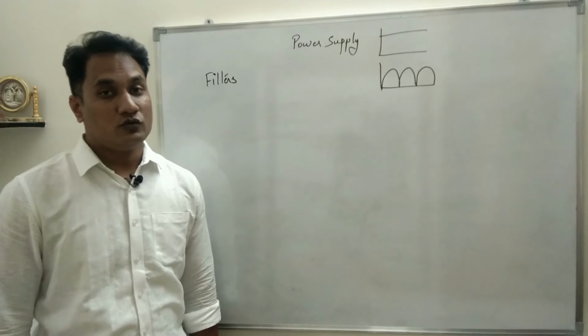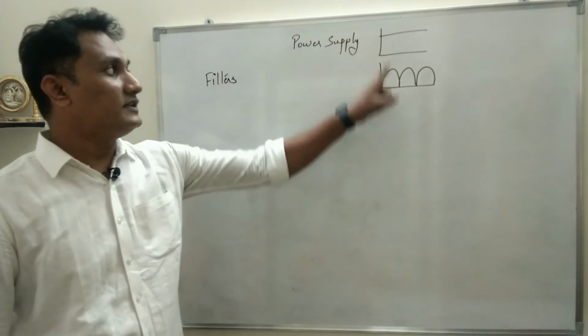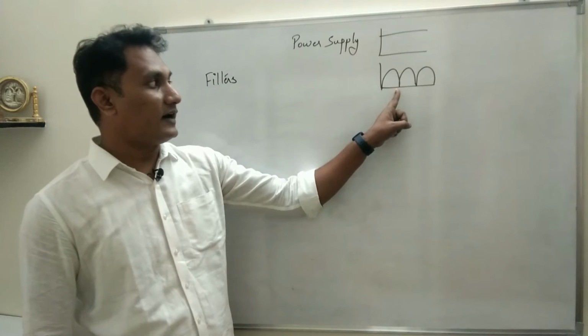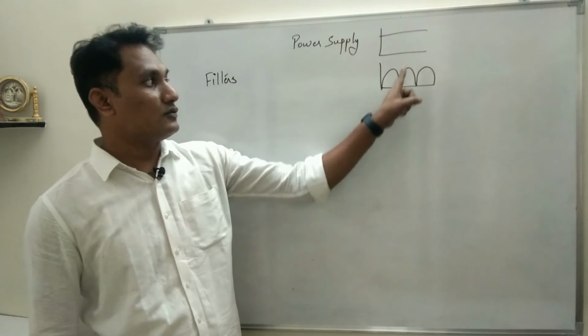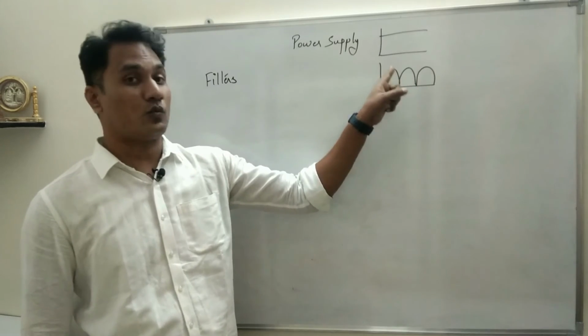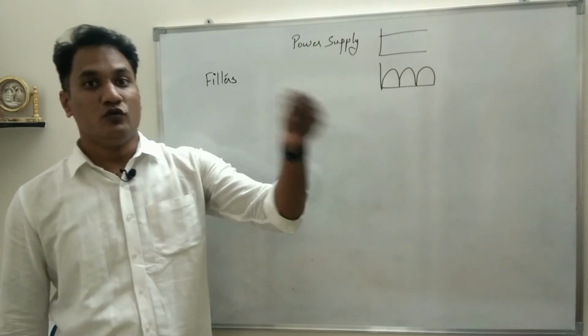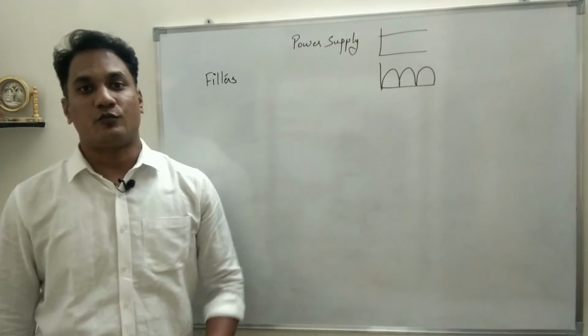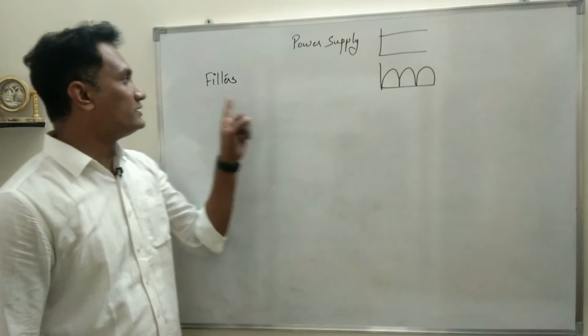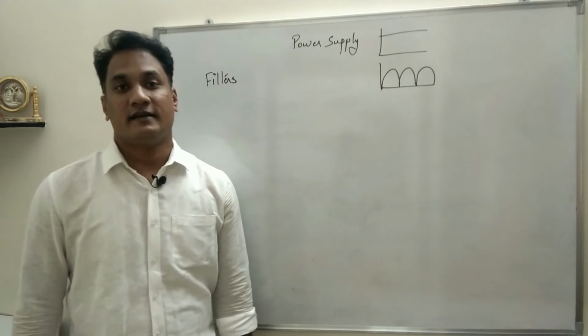So of course, what we need is a straight line. So the output of the rectifier is not a straight line, it is a fluctuating DC. So AC component is mixed in the DC component. So what we have to do is we have to remove this AC component so that output gives almost a pure DC. So the circuit which does that is called as filters.